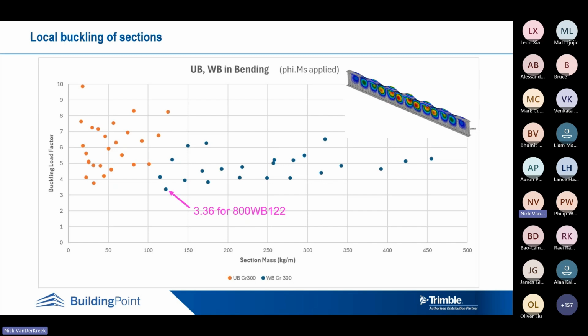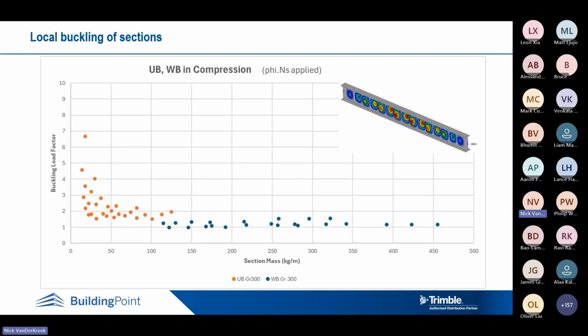For welded beams, the buckling load factor is typically about 4 or higher. Sometimes it's a little bit less, and as low as 3.36 for the 800 WB 122. That's quite slender.